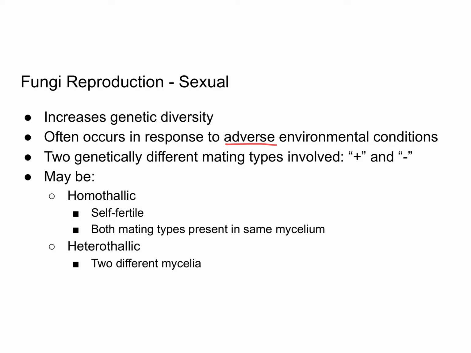However, if the environment is changing, then it might be worth the organism to invest additional resources to reproduce sexually in order to increase that genetic diversity. So in fungal sexual reproduction, there are two genetically different mating types involved. And in fungi, we call these types positive and negative. This is kind of similar to what we see in humans, where we have male and female.